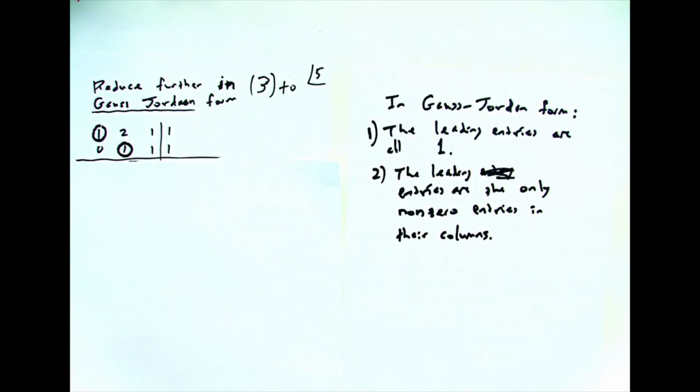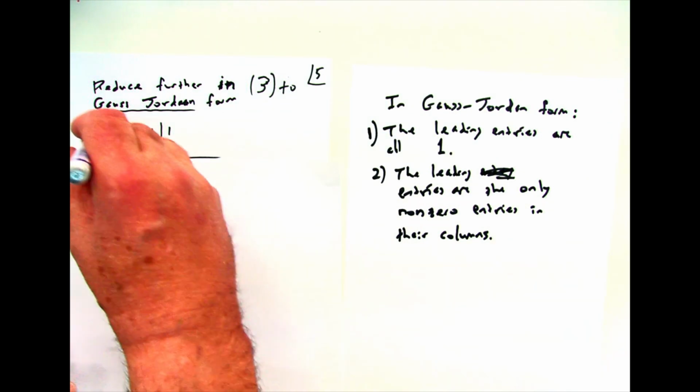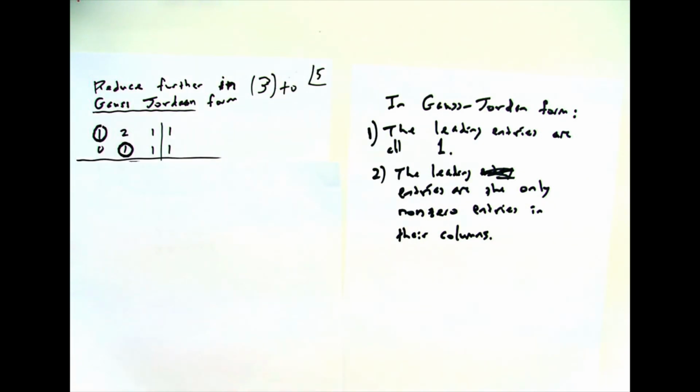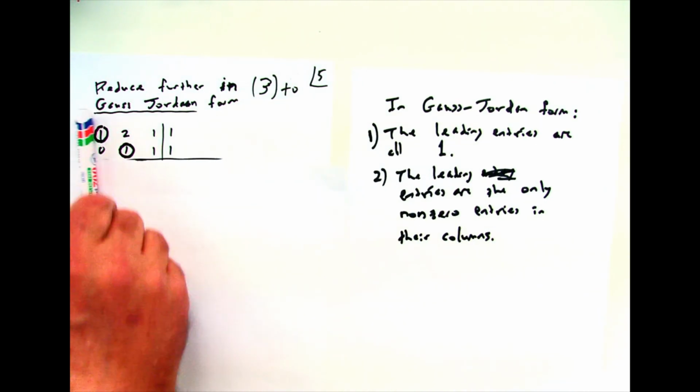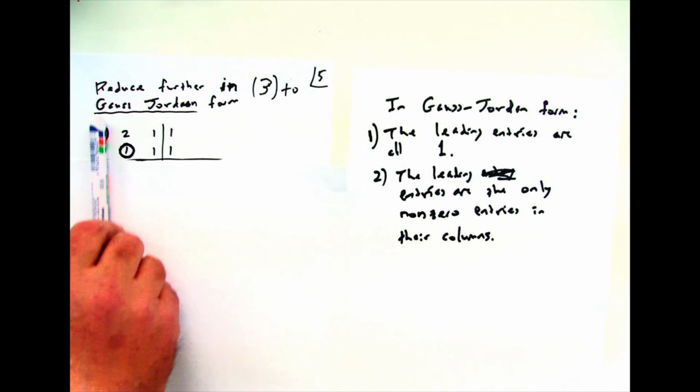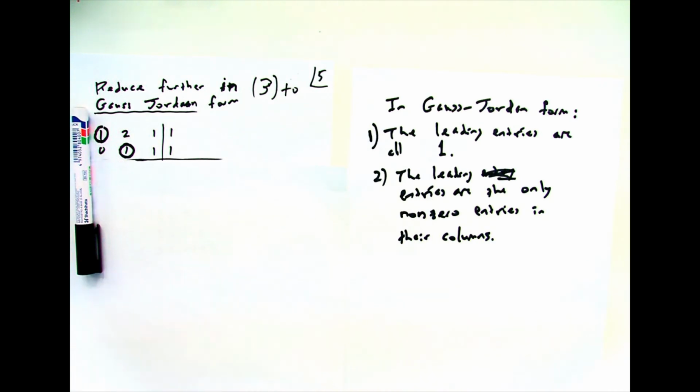If you have a leading entry, it must be a 1. So we've got that. And also, if you look at a column which contains a leading entry, the leading entry must be the only non-zero entry in that column. So here's a column containing this leading entry, and it is the only non-zero entry in that column.